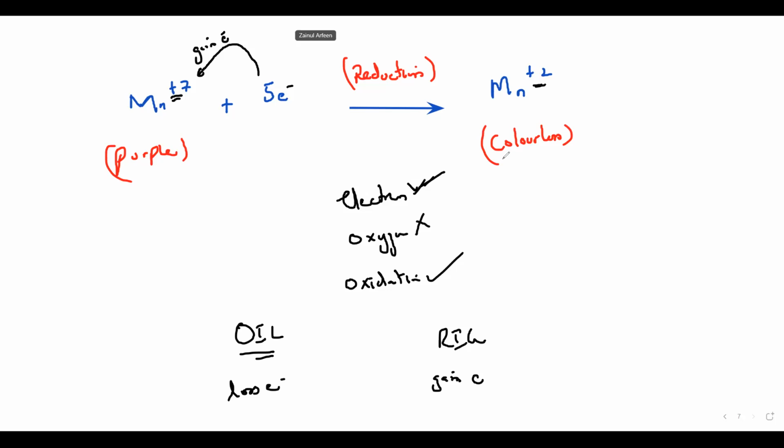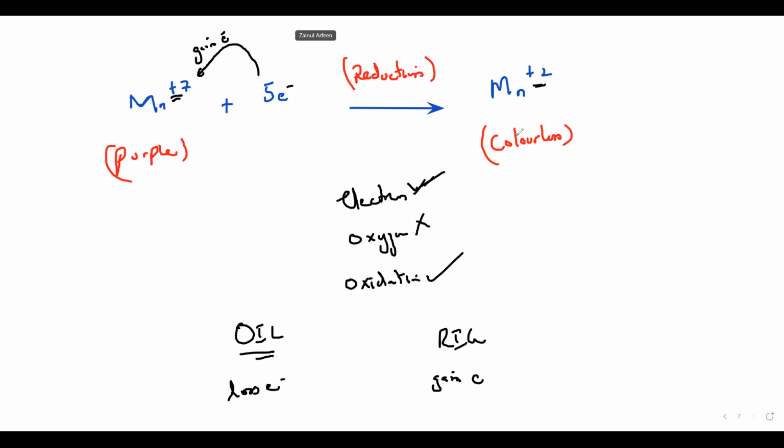So Mn plus 7 will change into Mn plus 2. It doesn't happen for all elements that when the oxidation number changes, the color also changes. But for a few elements, it happens that when they change oxidation number, the color will also change.